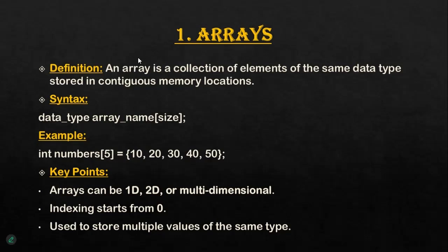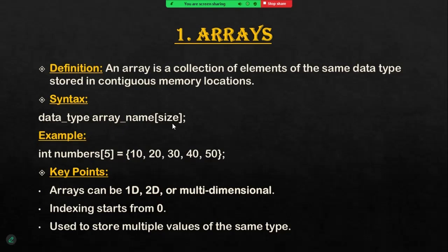So the syntax is: at first you have to give the data type, then the array name. You can give any name for your array, student or something else, and then the size of the array.